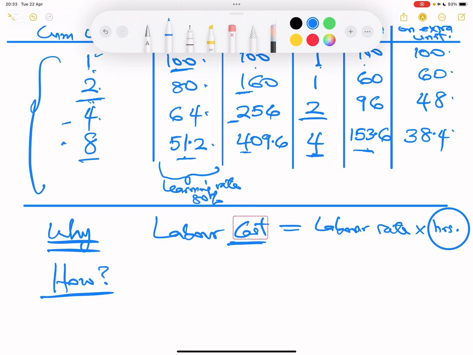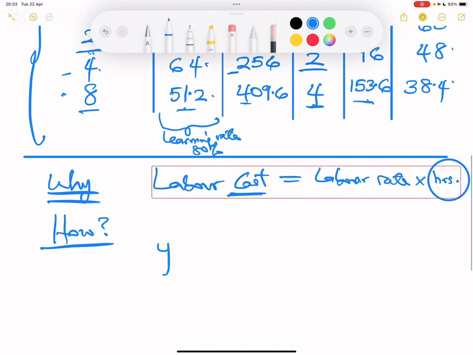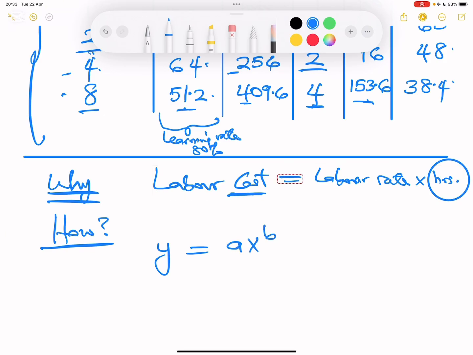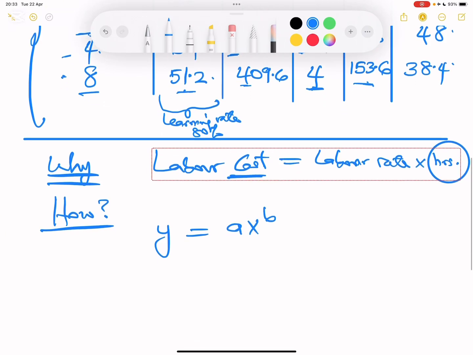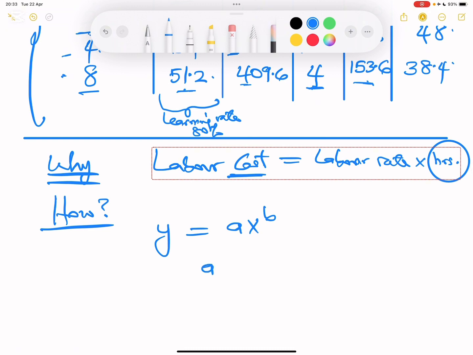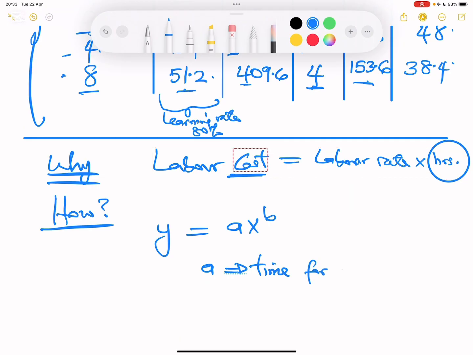We'll need to use a formula that is written as y equals ax raised to the power b. Let me explain what this means. A is the time for the first unit. Sometimes it might be a batch, so first unit or batch, whatever the question gives you.